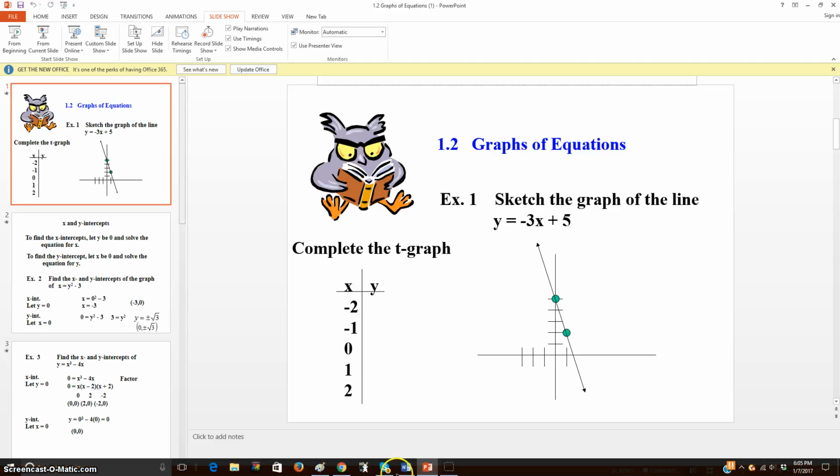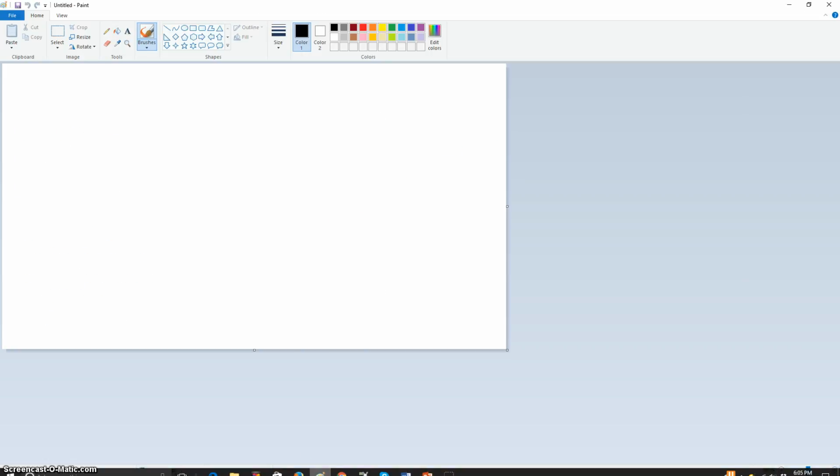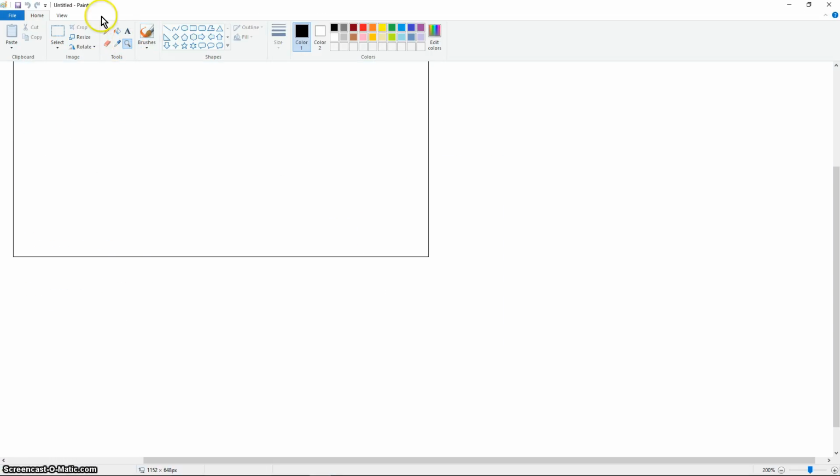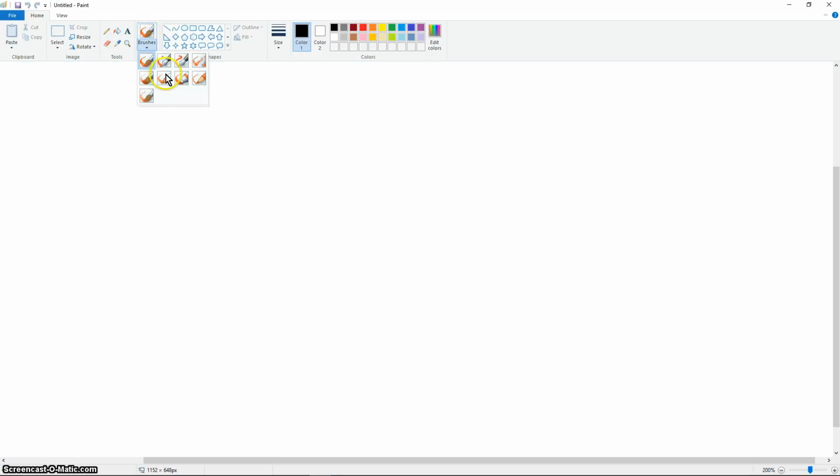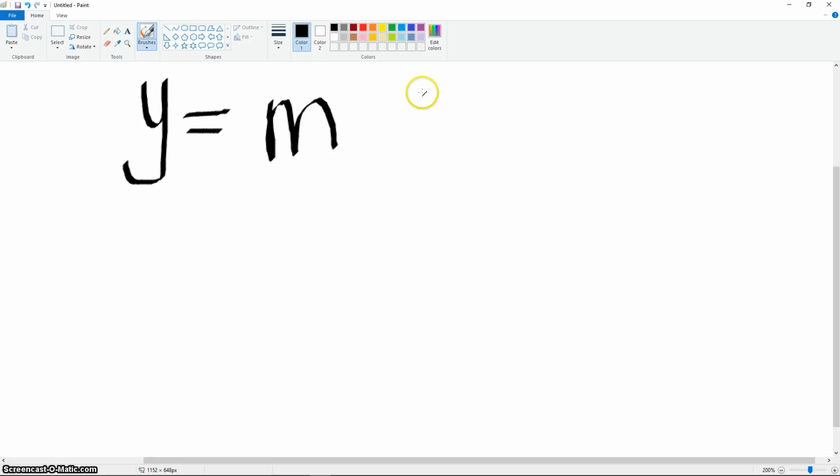So let's take a look at that function right quick. I'm going to type it here, the equation y equals mx plus b.